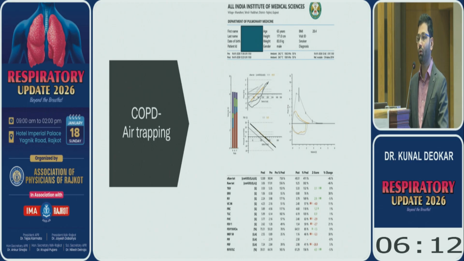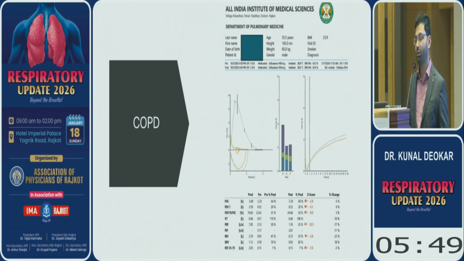So there is no restriction. So what in spirometry we got was pseudo restriction. And why was this pseudo restriction? You look at RV, residual volume is 177% of predicted, highly increased. So that pseudo restriction was due to air trapping in a patient of COPD. So that is the reason why we need body plethysmography to confirm diagnosis of restriction.